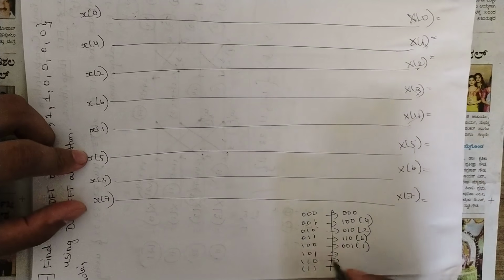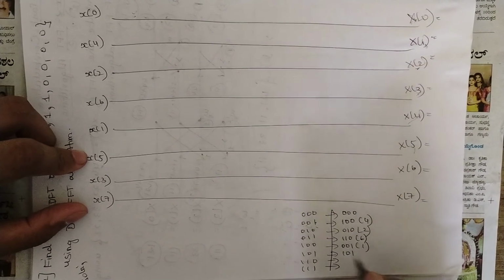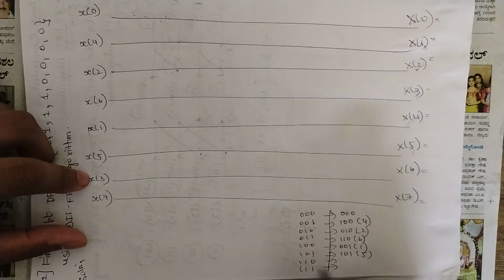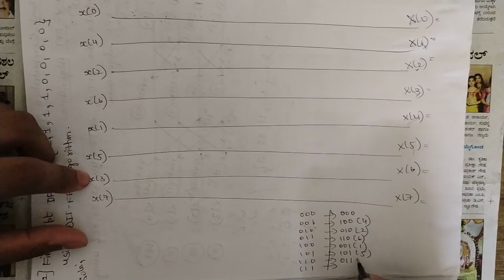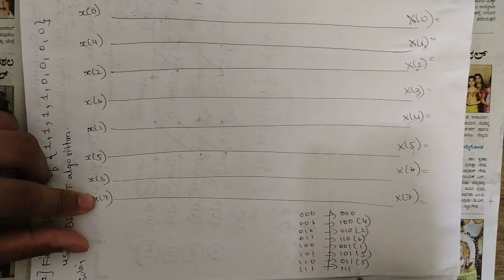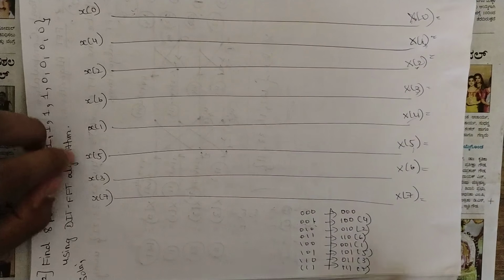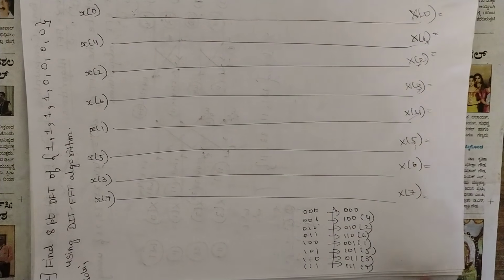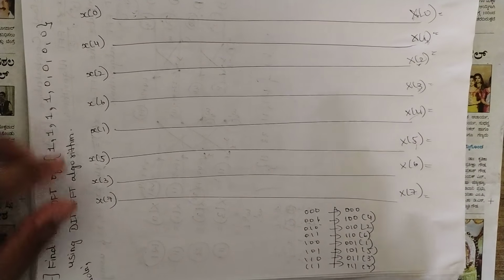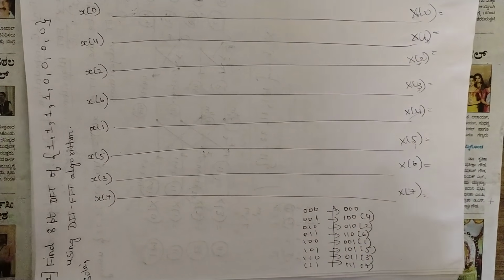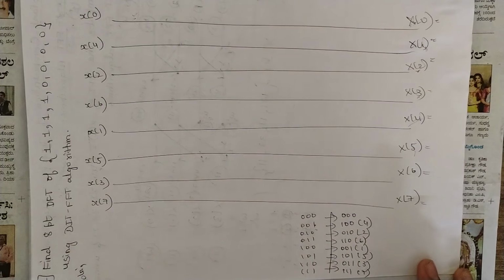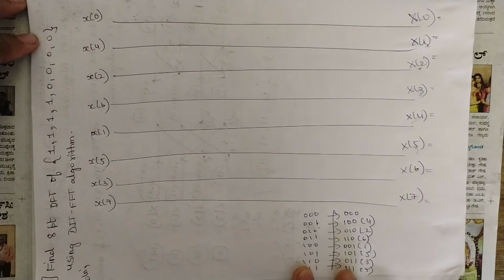Similarly x of 5, that is 1 0 1, reversed is 1 0 1 only, so 5 and 5 here. Then 1 1 0 reversed is 0 1 1, the value is 3, so x of 6 and x of 3, and x of 7 is 1 1 1. Right? So this is the procedure of bit reversal. If the values are difficult to remember, we can remember them by using the bit reversal procedure for 8-point DFT. So this is one simple basic.